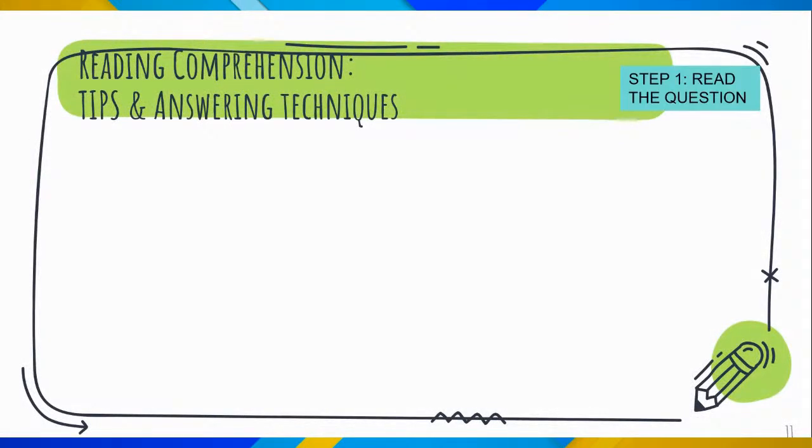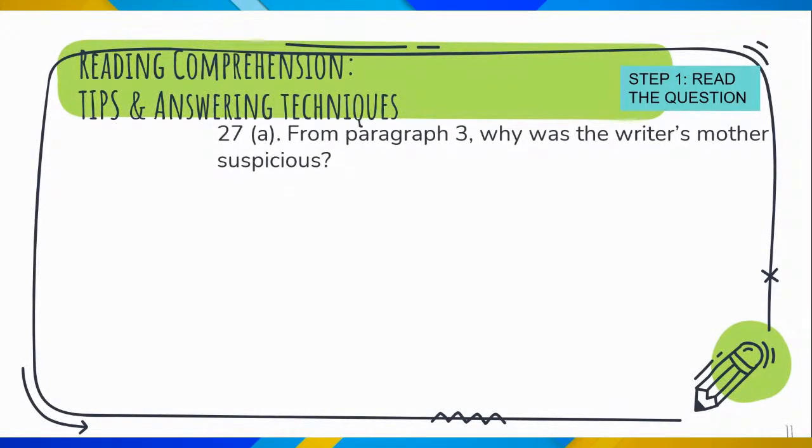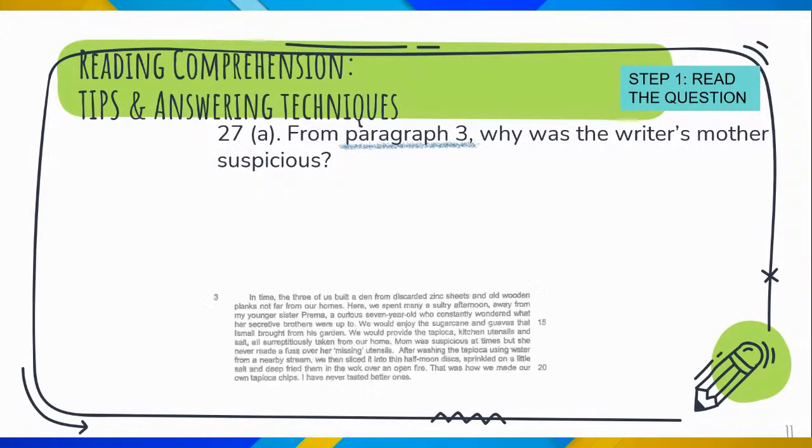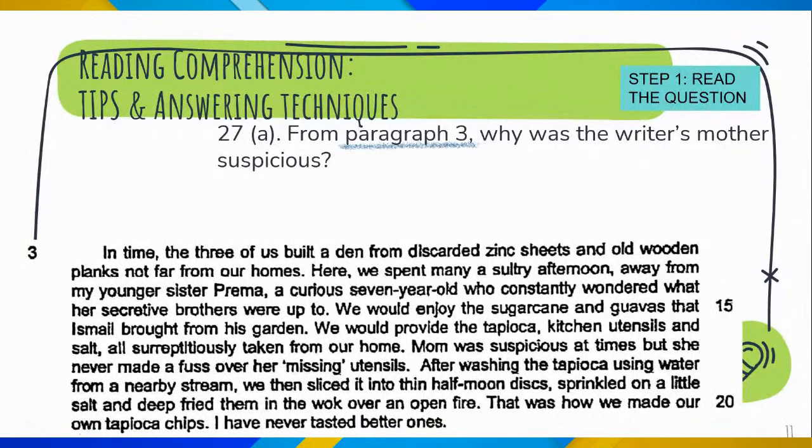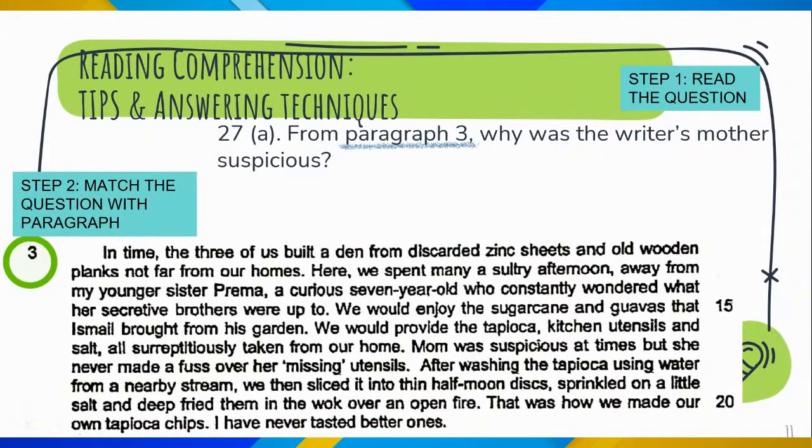Okay, first we read the question. From paragraph 3, again, we are looking for answers in paragraph 3. That's your paragraph there, paragraph 3. And the WH question is why? Mengapa? You are moving up already. 26A and B is what?